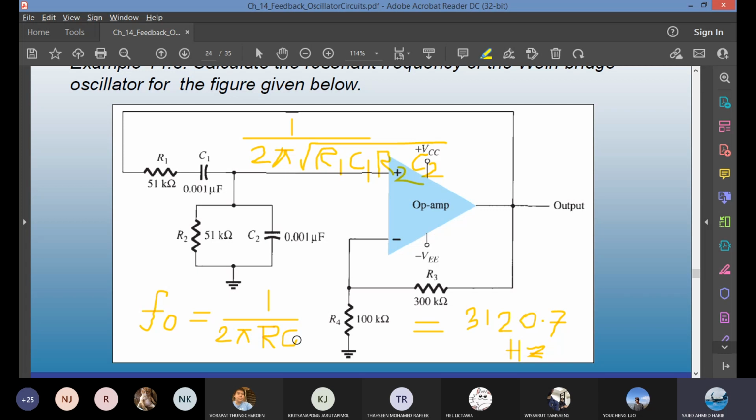You are multiplying the same value, taking the square, and then you're taking a square root. So if the resistors and capacitors are equal, the original formula, which I think is on the formula sheet, will be simplified like this. That's how we find out R and C. Is it clear now?